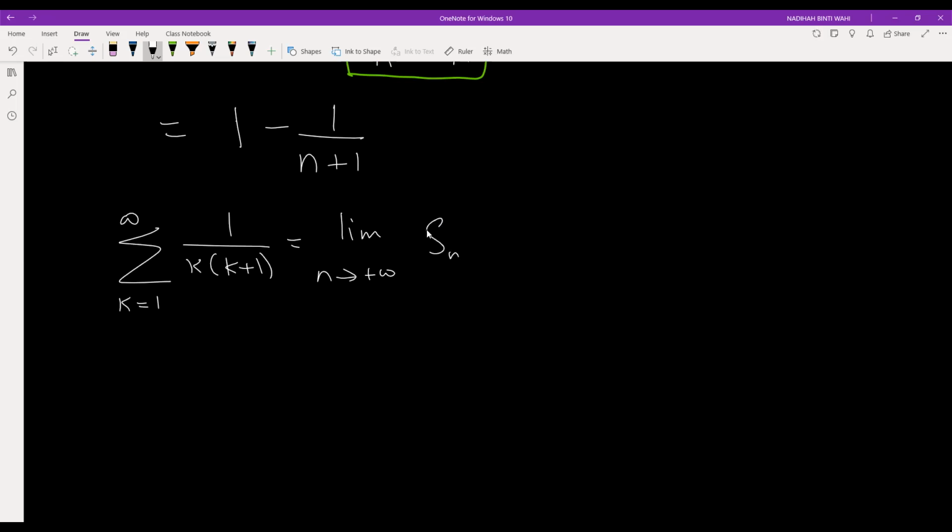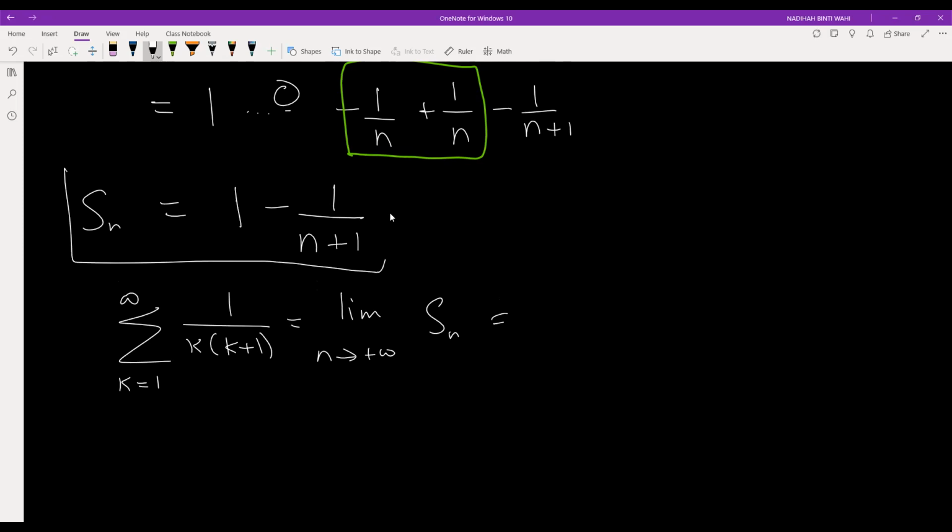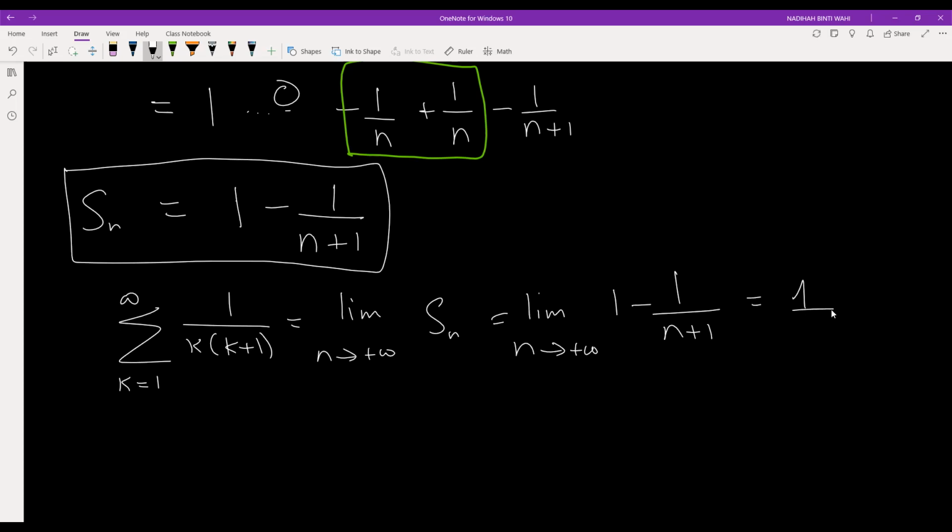So this is the summation, this is Sn. When n goes to infinity, this is just the limit as n goes to positive infinity of 1 minus 1 over n plus 1.